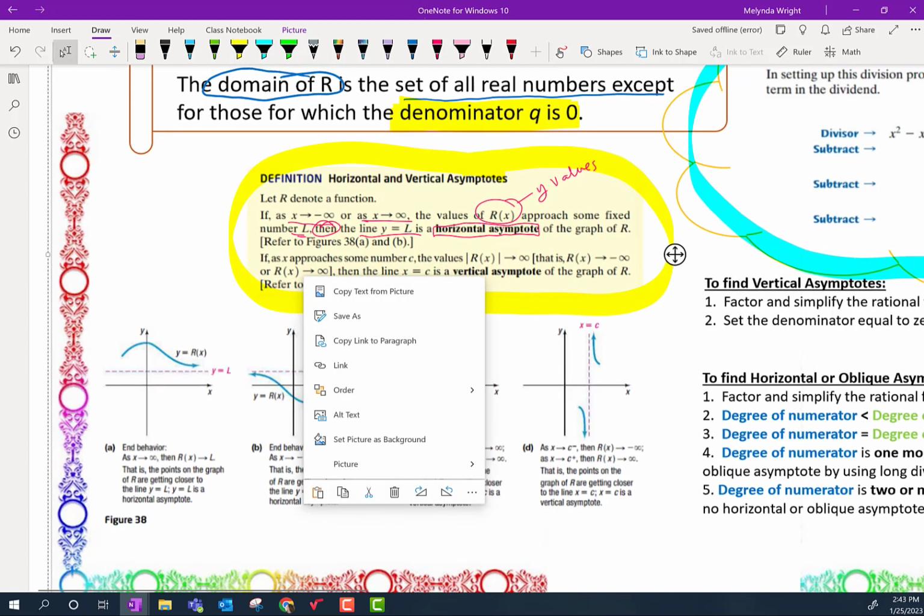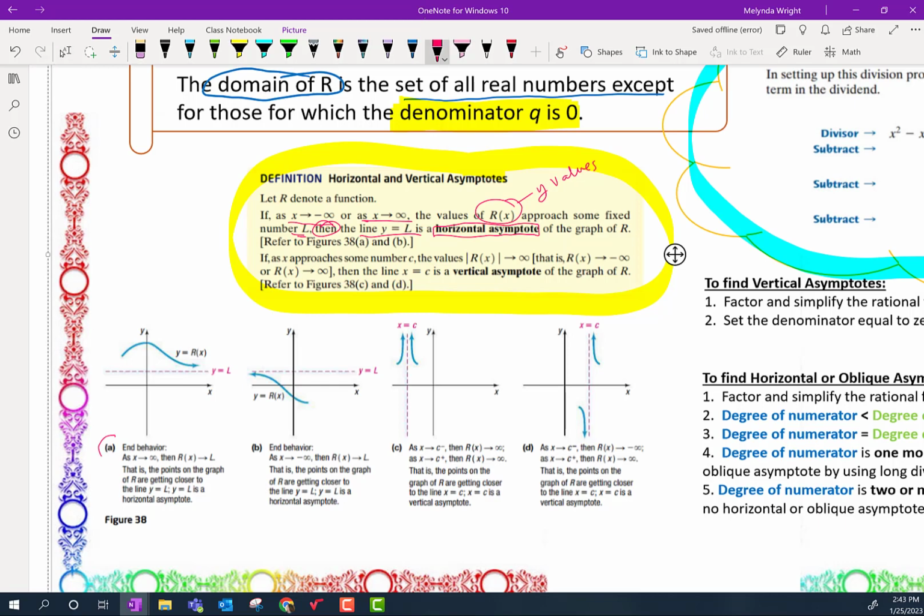We'll look at these graphs down here, graphs A and B. This is our function r. The x value is going to infinity. That's what the x value is doing. And notice that the y values are headed to this L, y equals L.